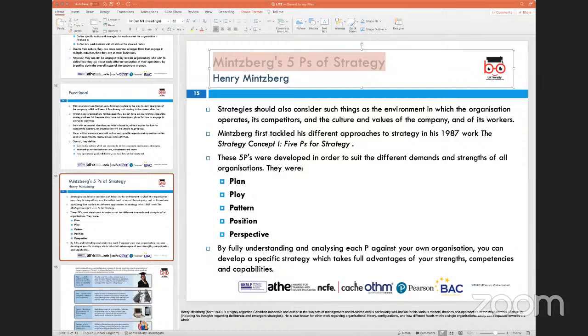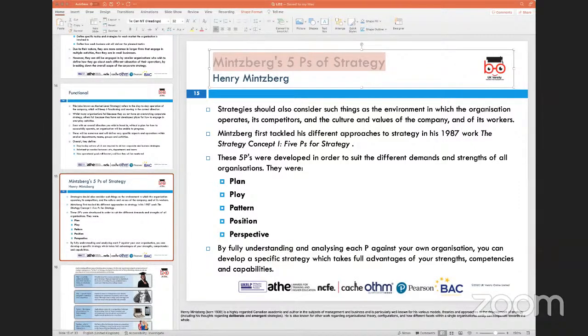The Mintzberg 5 Ps of strategy were introduced by Henry Mintzberg, a Canadian management scientist, who came up with distinct visions of strategy for the organization, and he called them the 5 Ps. These 5 Ps stand for plan, ploy, pattern, position, and perspective.